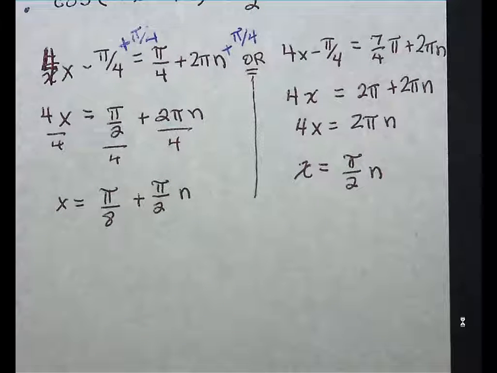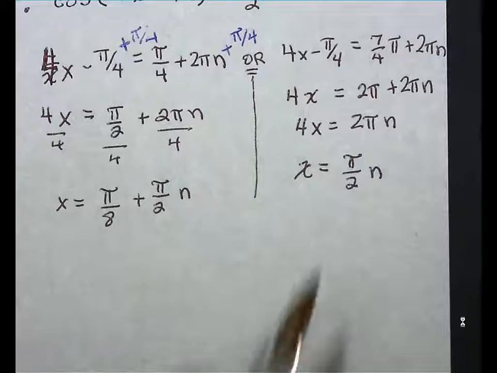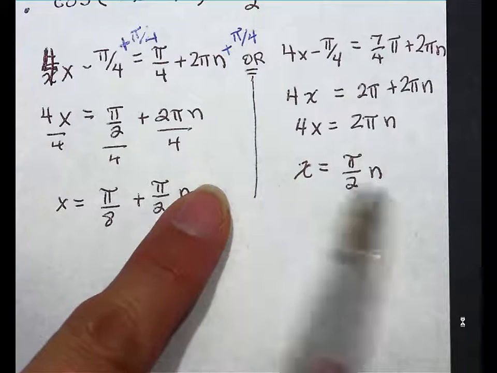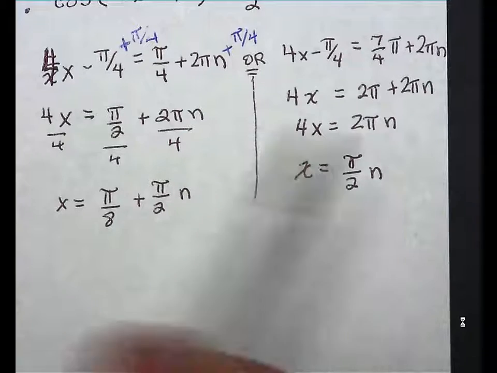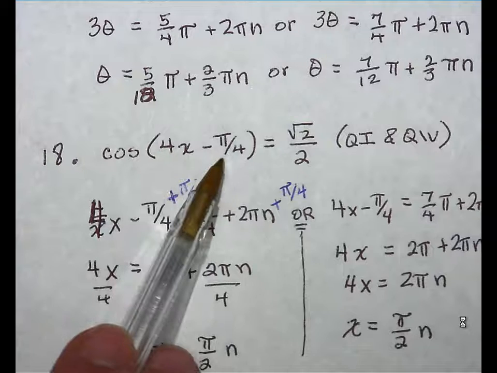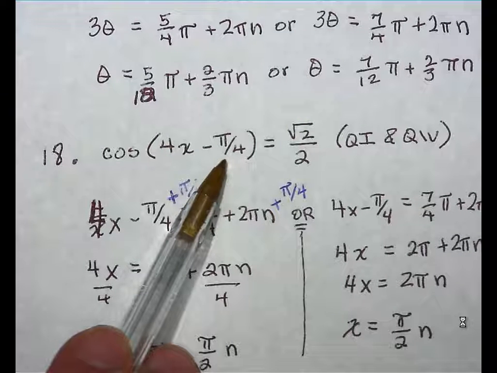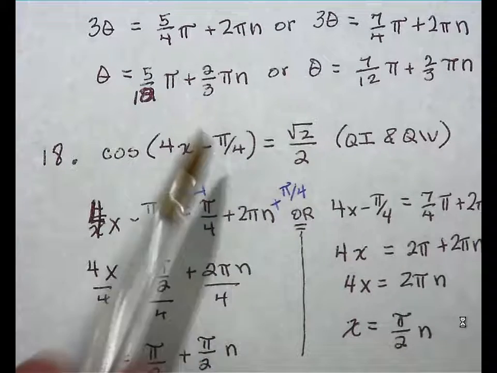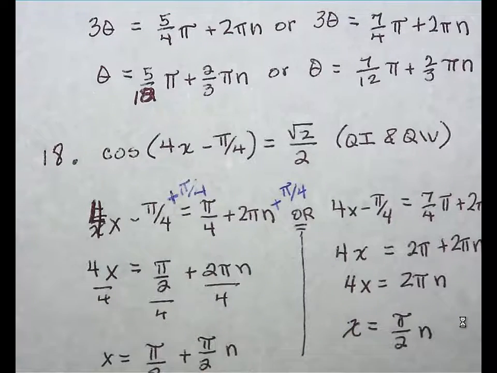Is 2 pi n multiplication, like n is any ratio? Yes. So 2 pi is 0, 0 times n is 0. And that's one of the solutions. If you let n be 0, then x would be 0, and check 0 in this solution right here. 4 times 0 is 0. 0 minus negative pi over 4 is negative pi over 4. Oh, don't tell me. Cosine of negative pi over 4.